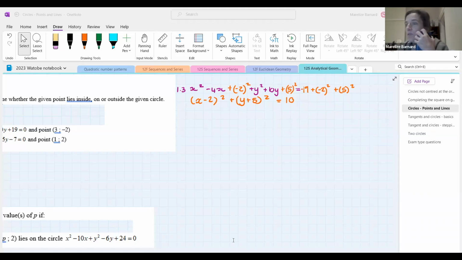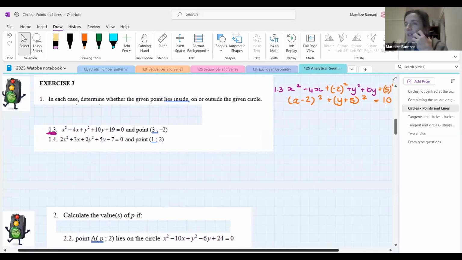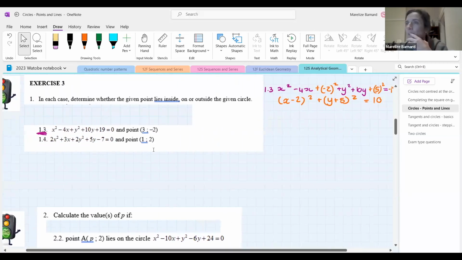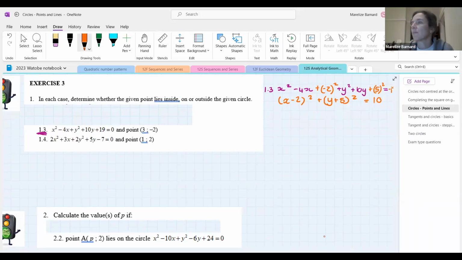Okay, so that's not all we have to do. We still have to find the next part, which is to say if this point that we have here is on, out, or inside the circle. So we are going to work out the distance between the center and the point.